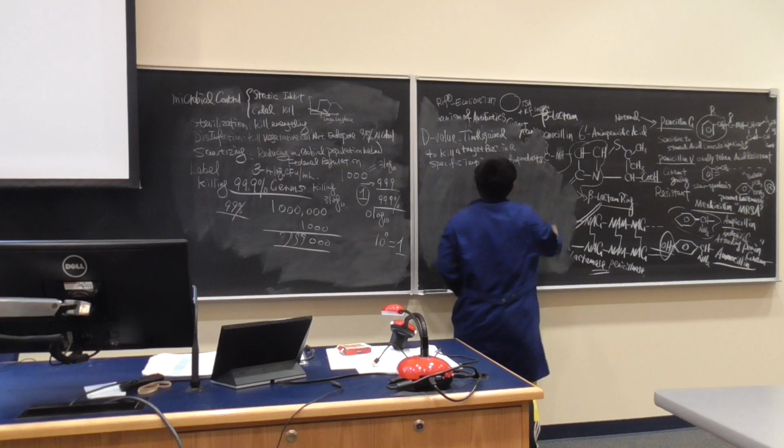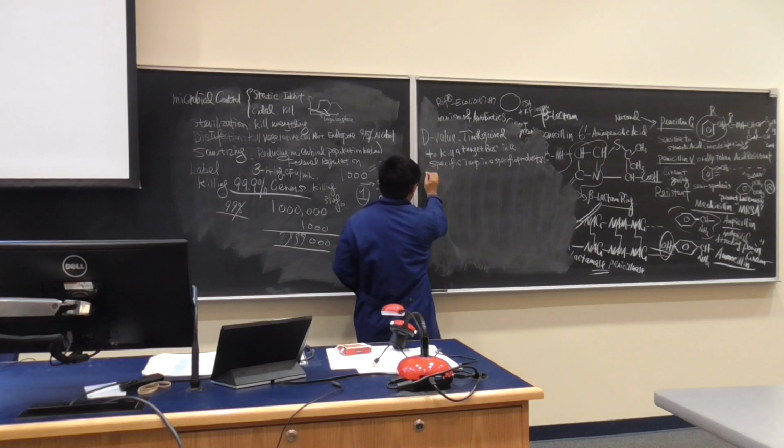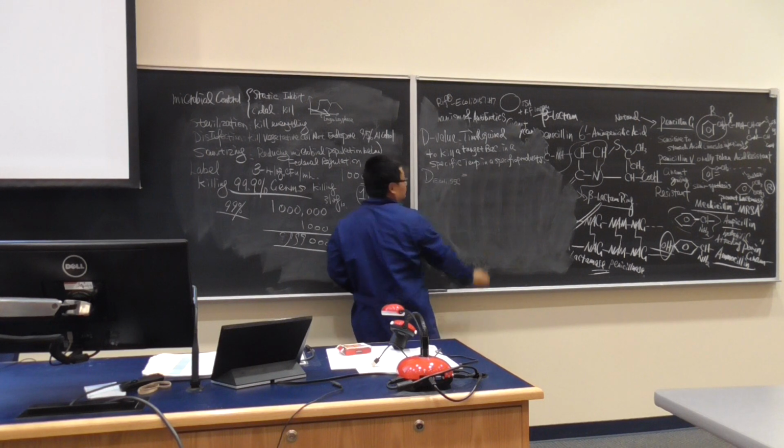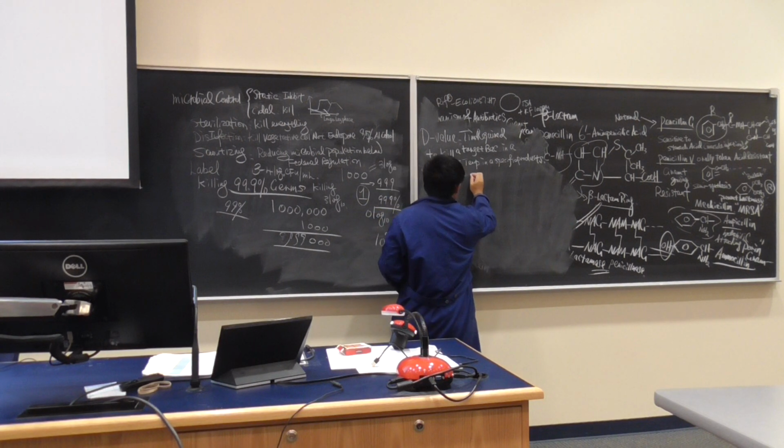That's called the D-value. So most of the time we will say D, E. coli, maybe 55C equals, let's say, 10 minutes, for example.